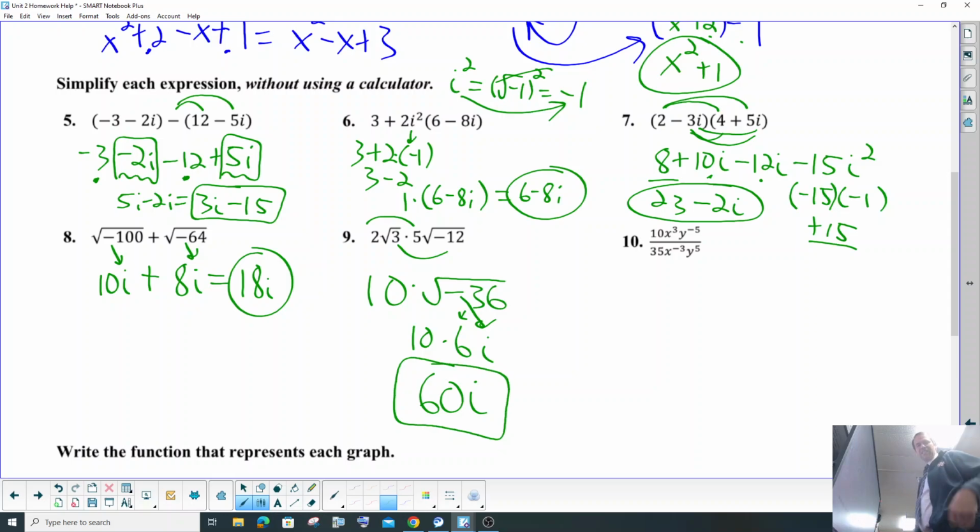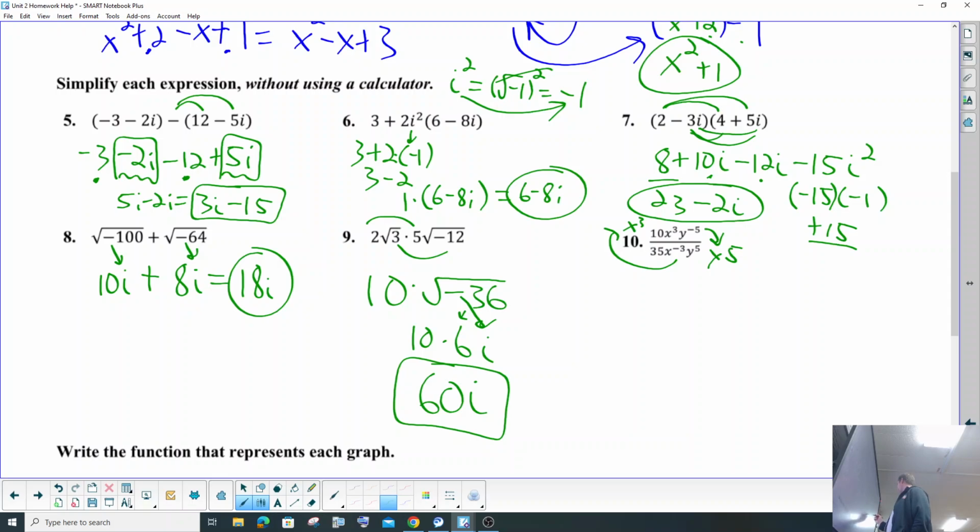Okay, so last but not least, number 10. So don't forget, for the test, cumulative review, if you have a negative exponent, you're going to bring it down and make it positive. And if you have a negative exponent in the bottom, you're going to bring it up and also make it positive.